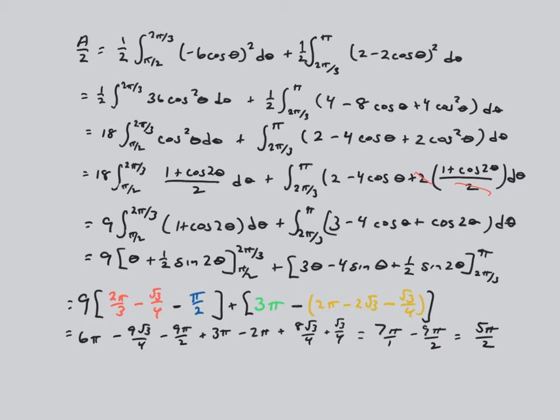Well, 2 plus 1 will give me that 3 right there, minus 4 cosine theta plus cosine of 2 theta, d theta. And in this case, I pulled out this 1/2 again, so that gave me 9. So I have 9 times the integral from pi over 2 to 2 pi over 3 of 1 plus the cosine of 2 theta d theta, plus the integral from 2 pi over 3 to pi of 3 minus 4 cosine theta plus cosine of 2 theta d theta.